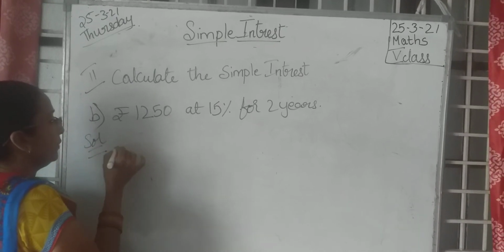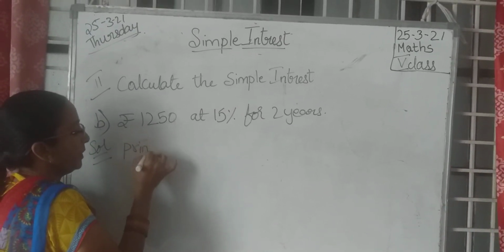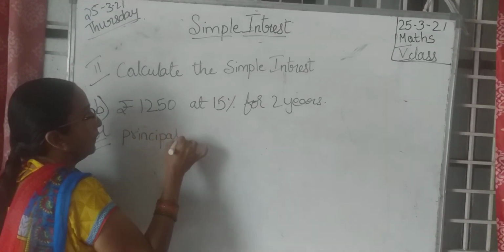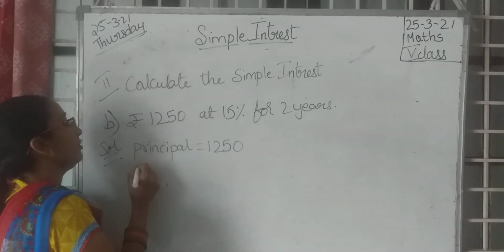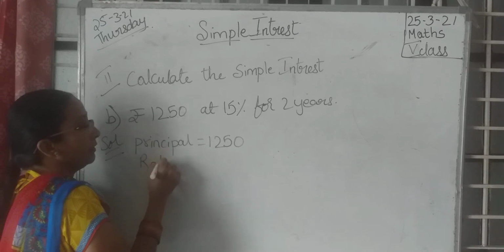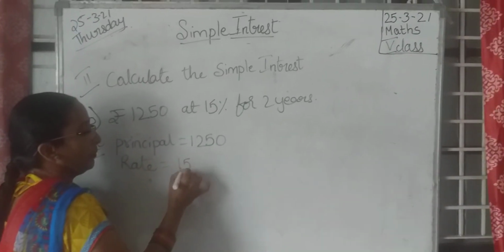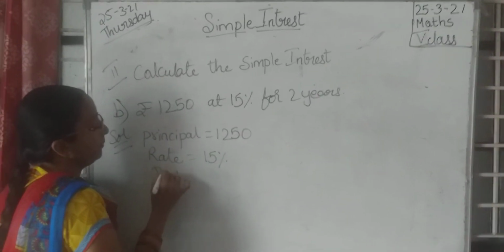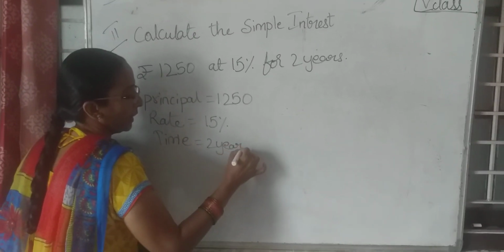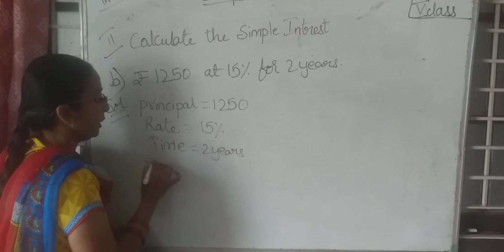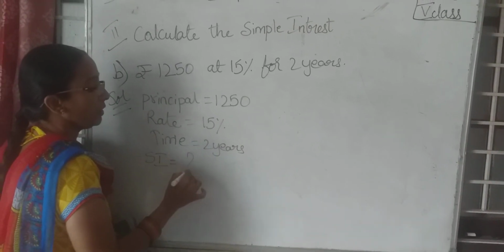Solution is equal to, first write principal. What is principal? 1250. Okay. What is rate? Rate is 15%. What is time? Time is equal to 2 years. Yes. Now they are asking you to find simple interest, which is equal to how much?